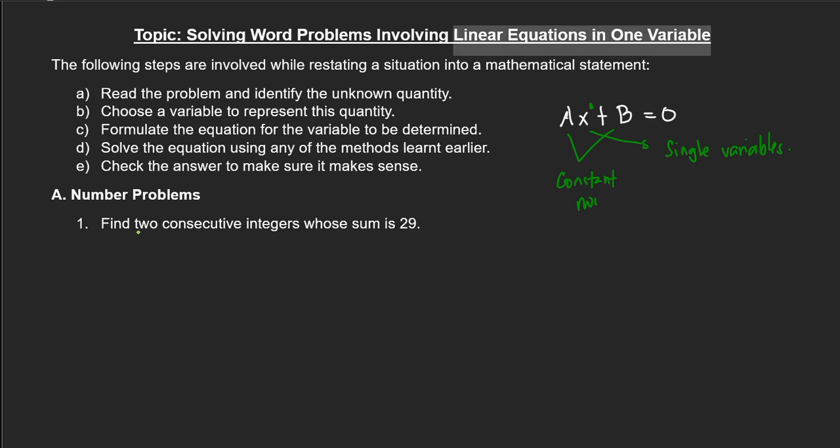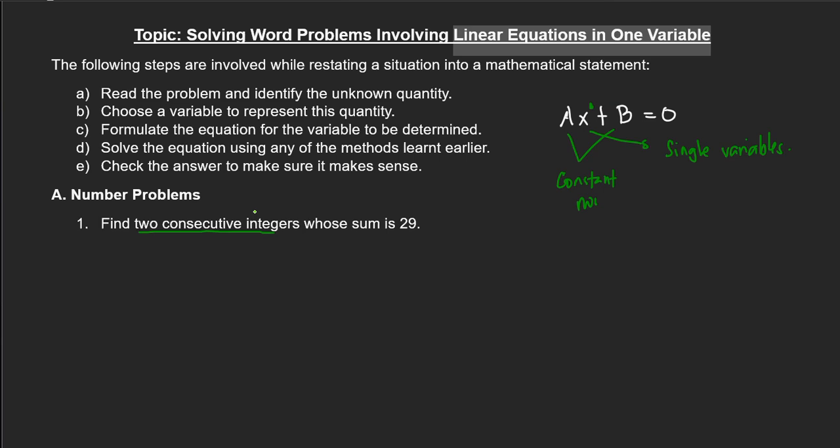So pag sinabi po natin na two consecutive integers, ibig sabihin, yung sunod-sunod na integers, it could be like 1, 2, 3, or 11, 12, 13, 14, and so on.